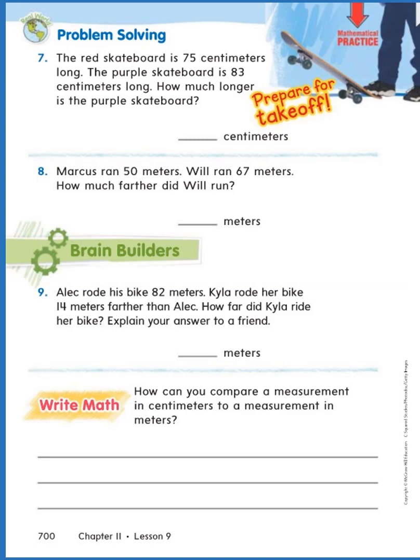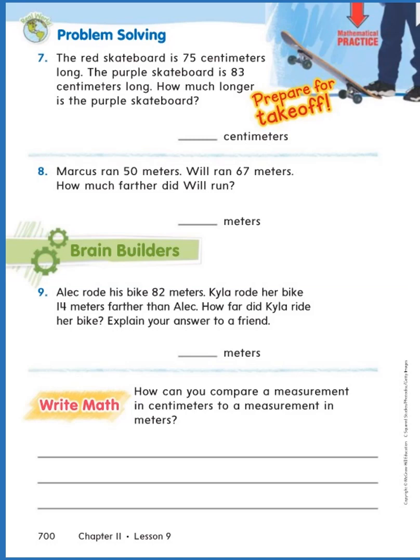Number 8, Marcus ran 50 meters. Will ran 67 meters. How much farther did Will run? Okay, this one's going to be solved just like the last one. And then we have a brain builder alert, number 9. Alec rode his bike 82 meters.